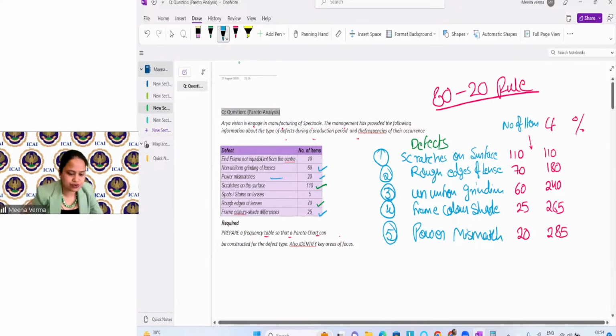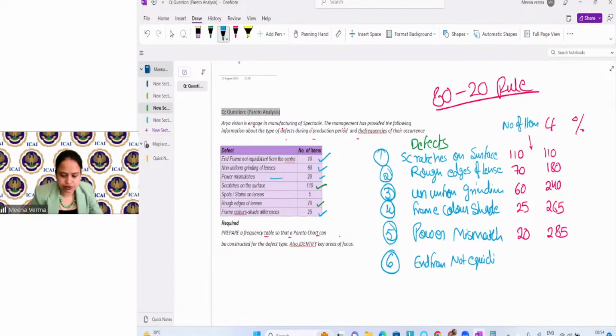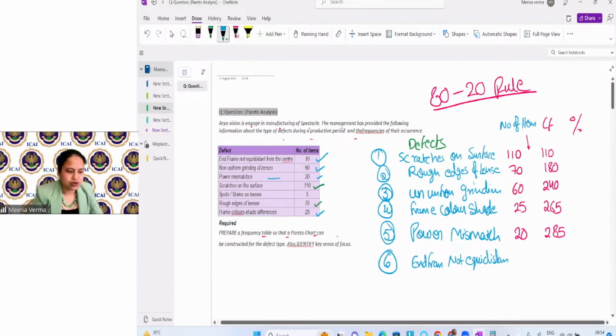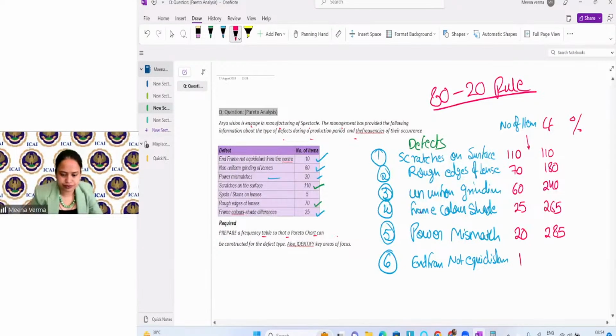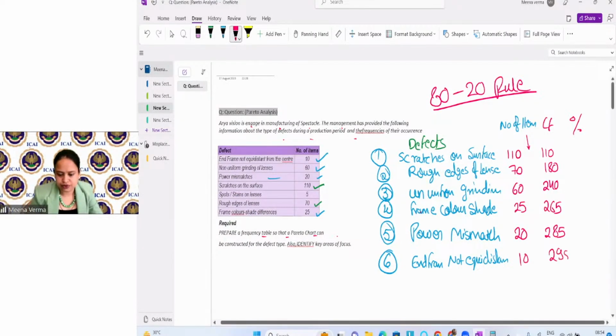Then the next value is what? Next highest value is this: end frame not equidistant. What is it? 10. So 295. And the last one is what?